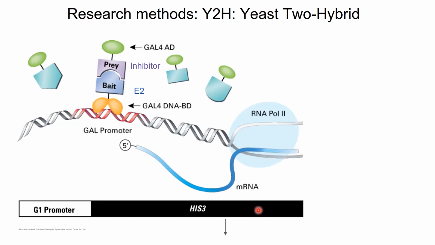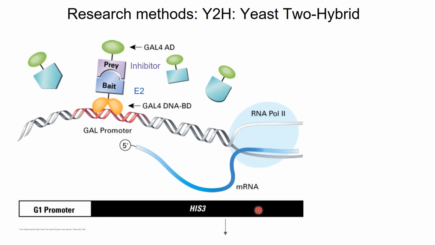So if the two proteins inside the yeast interact with each other, the yeast will be empowered to actually make histidine and therefore would be able to thrive in an environment that did not have this amino acid. However, if the two proteins inside the yeast did not interact with each other, the yeast would not be able to make histidine and would die in an environment lacking histidine.